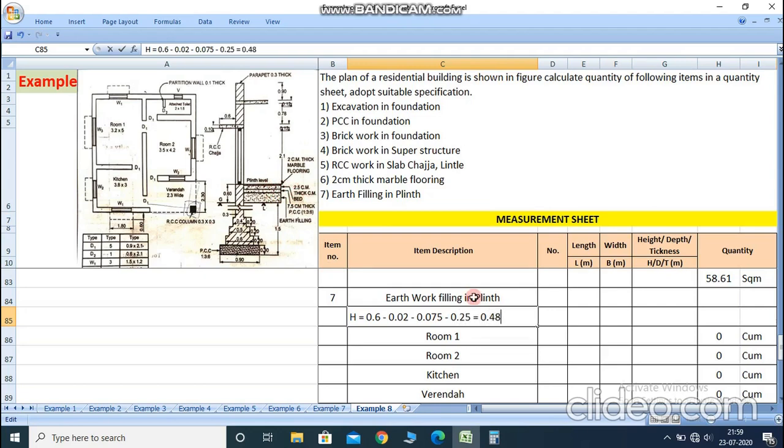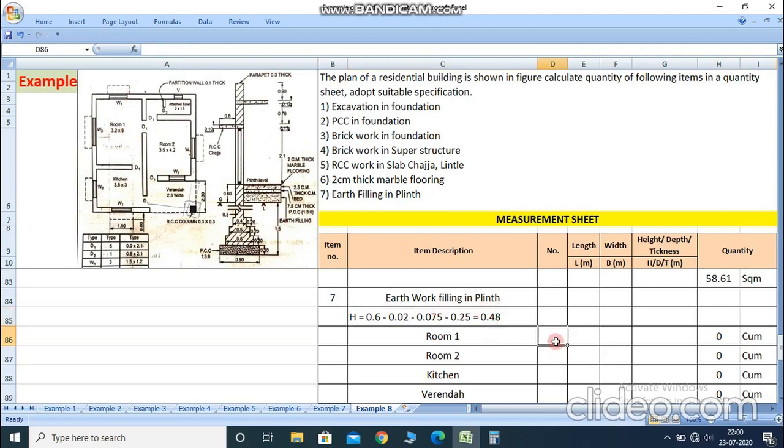So to this 0.48 height, we fill up the soil, or earthwork filling is required. So for the room size, for room 1, the length is 3.8 and width is 5 meter and the height of the filling is 0.48.